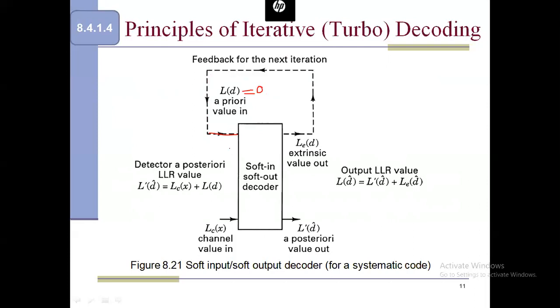This value will be refined based on the extrinsic value output of the decoder, and on the basis of this extrinsic value we have the new value of this LD hat.